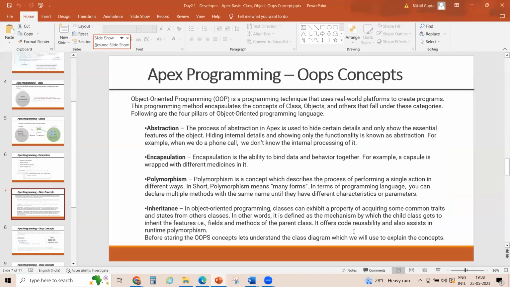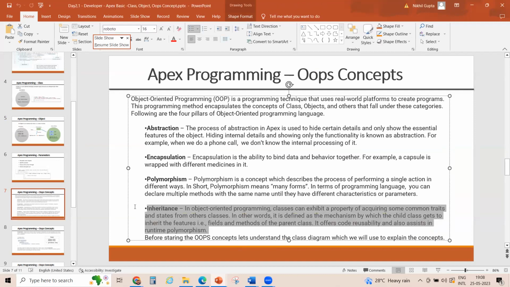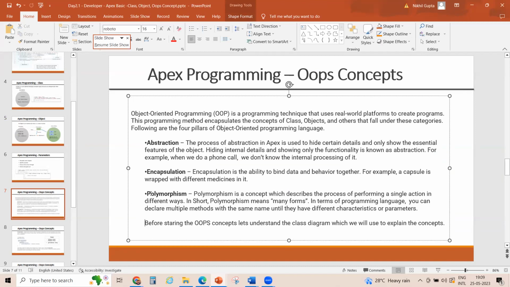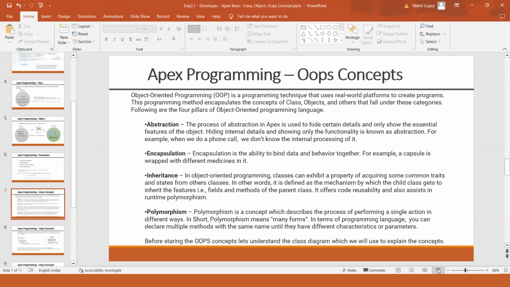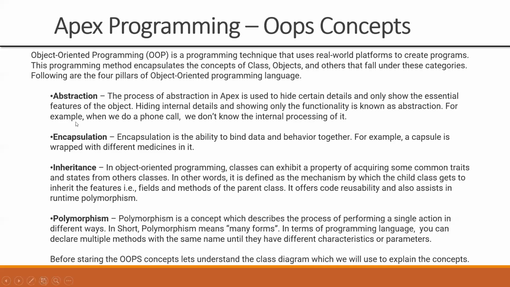Let me take this one up. A, E, I, O, U, abstraction. So first let's try to understand abstraction. What is abstraction? Abstraction is when we want to hide some data.